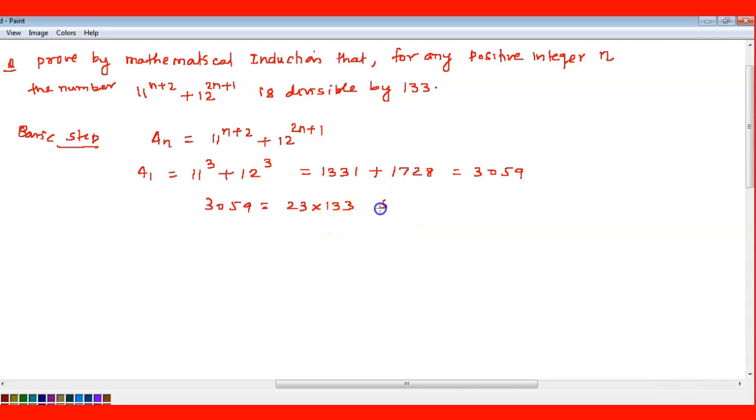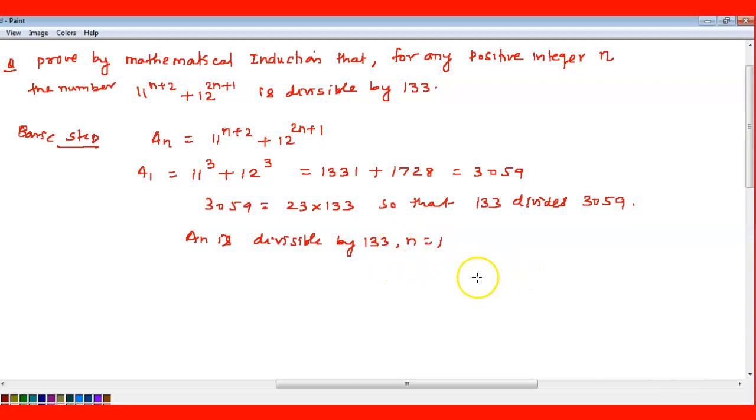Getting here? So we can tell here that 133 divides 3059. So a n is divisible by 133 when n is equal to 1. Right? This is the basic step.